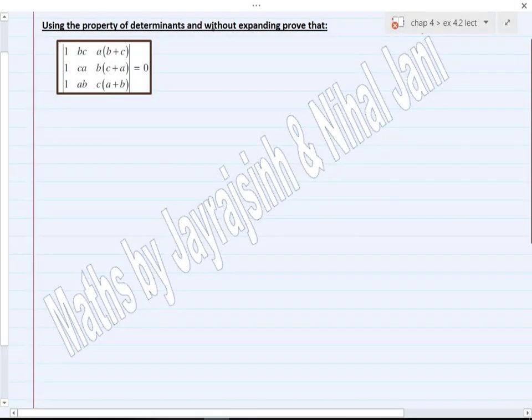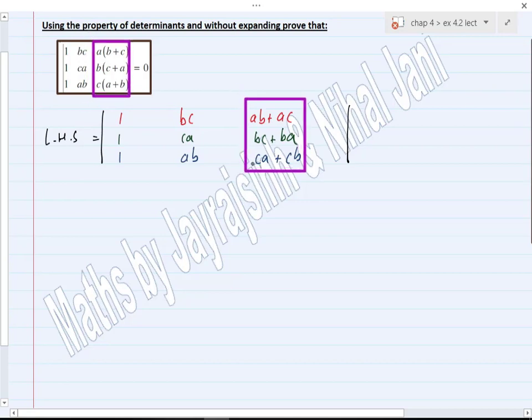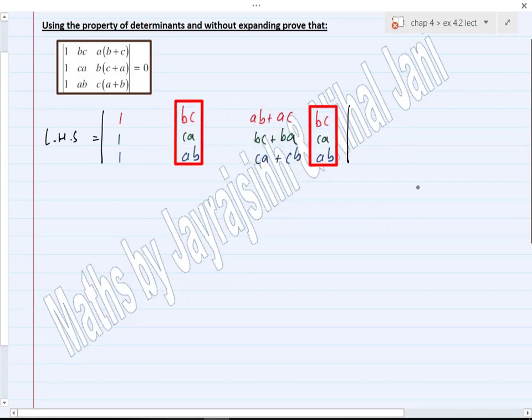Using the property of determinant and without expanding, we have to prove that the value of determinant is equal to 0. So let's write down the left hand side. So here I already simplified the third column's element, right? Now, as you can see, the remaining element in the third column is given in the second column.